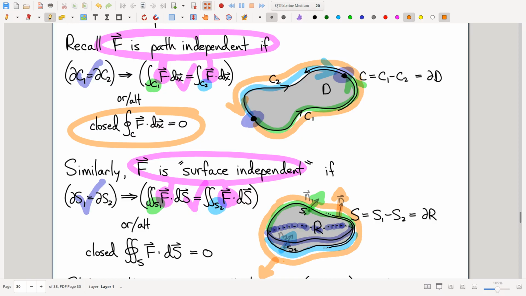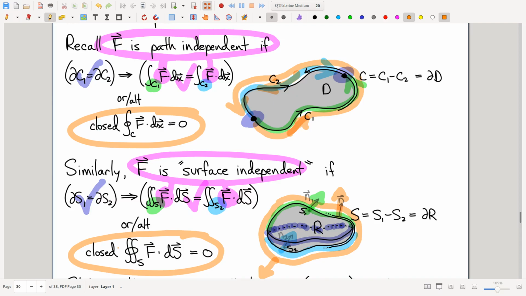Same deal. So along C1 means opposite C2. Then the alternative formulation is that those closed fluxes must be 0. Okay, so extremely analogous ideas.